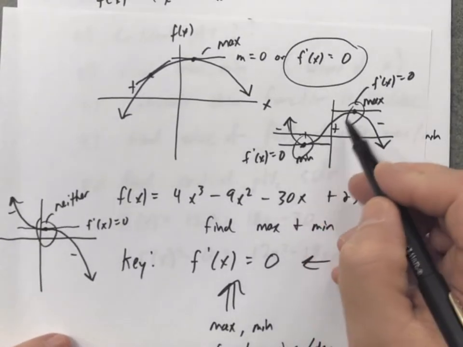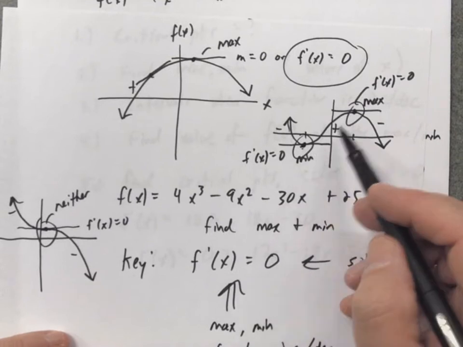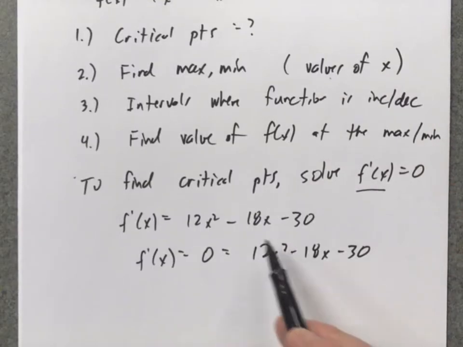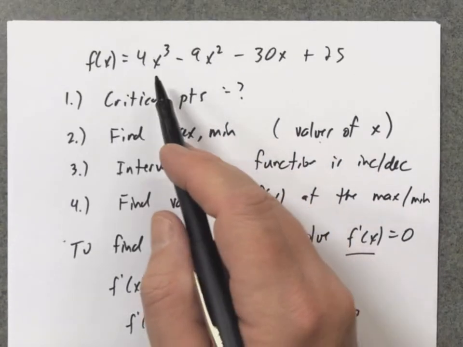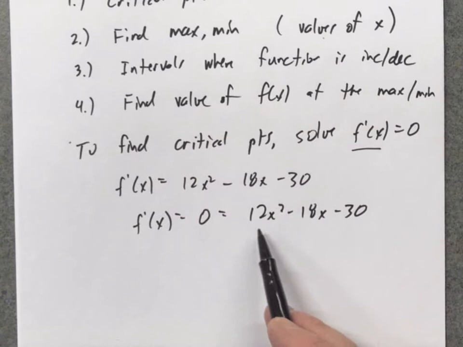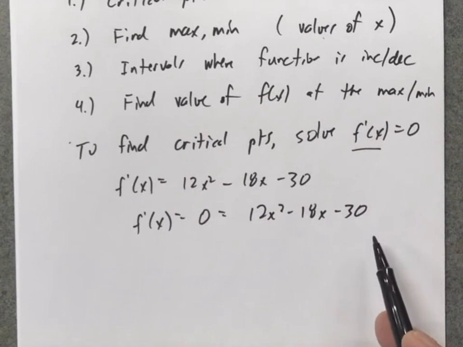Those are going to be the special points on my function. Here I can see it easily because I can see the graph. Here all I have is an equation. I really don't know where the maxes and mins are. This is a way to do it mathematically. I need to solve this equation. Now this involves algebra.